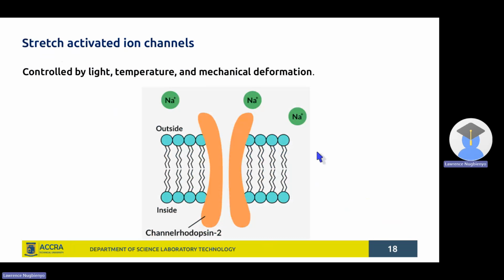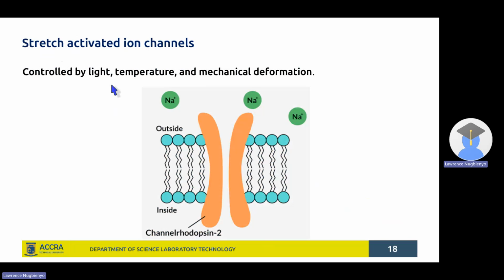Then we have some channels that respond to what we refer to as stretch. I mean, it's a physical difference in conformation of these proteins that will result in some specific biochemical response.